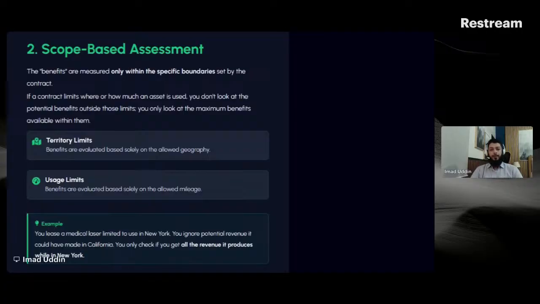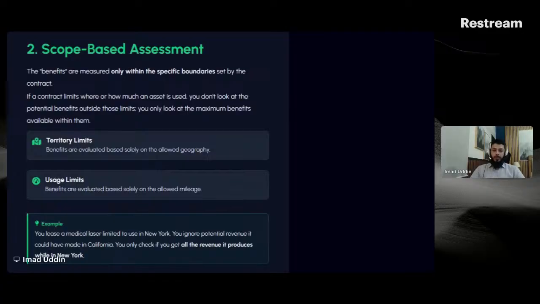Those are limits which we say are scope-based boundaries. And there could be usage limits. For example, if you have a vehicle, you may be allowed to drive it up to a certain mileage per month. That could be a valid limit, and it could still be a lease. So whatever benefits we are assessing are within the defined scope.